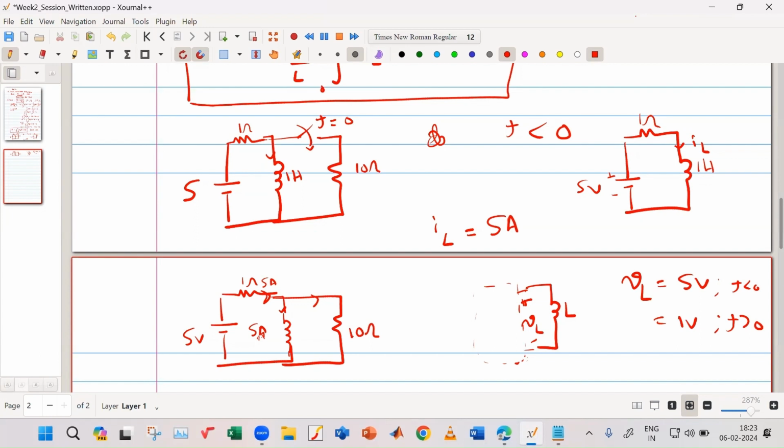In such scenarios, the current which was flowing in the inductor, IL of 0 minus, has to be equal to the current flowing after the change happens. So that's why the inductor has to maintain the current. Current cannot change instantaneously in an inductor.